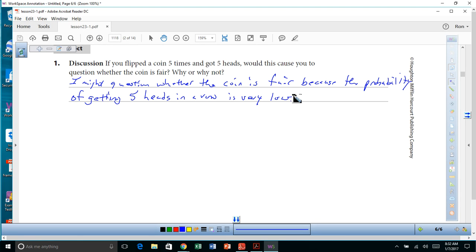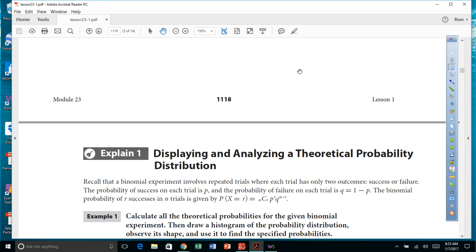All right. It's not impossible, but it's very low. So it might not be a fair coin.